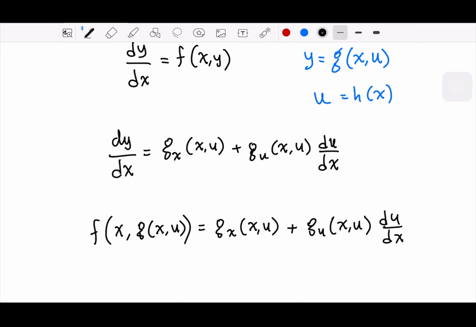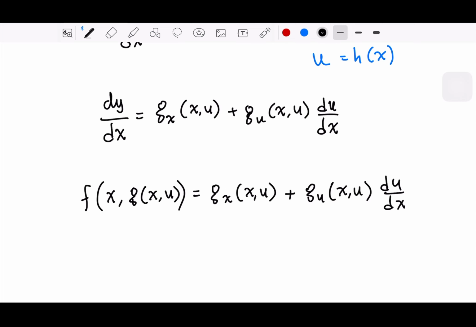Remember the chain rule? Because we have another du to make this equal to dx.